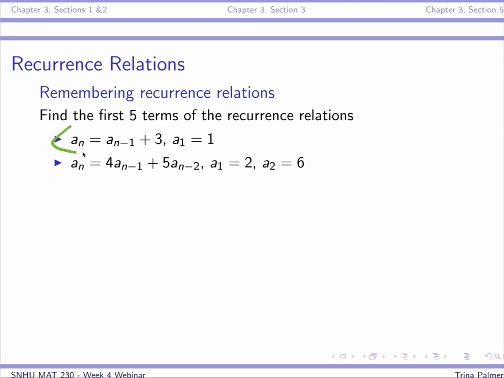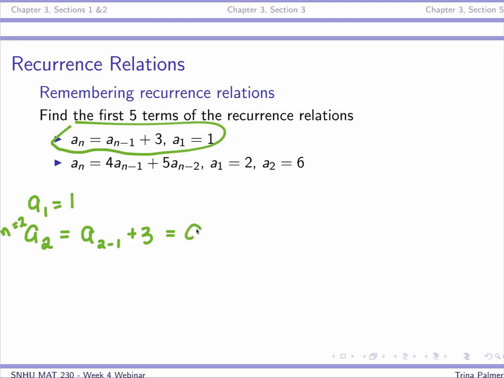In this first one, these are both recursive because they give you a starting point. So here we have a1 equals 1, and then an. So I'm going to say A2, so n is 2 here. A2 is A sub 2 minus 1 plus 3.